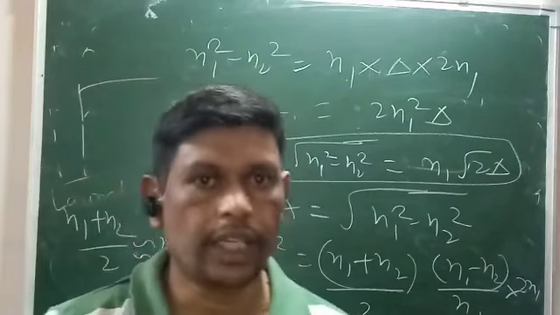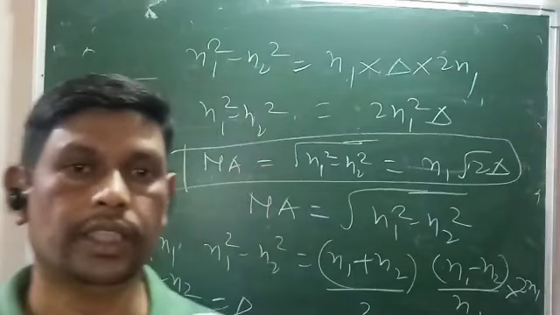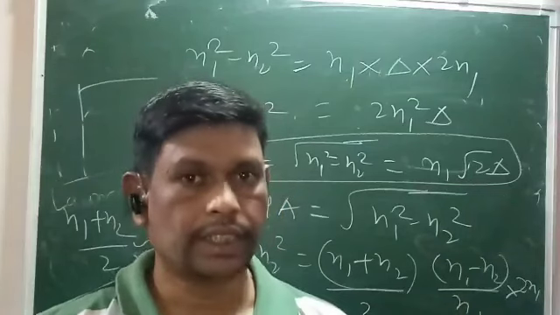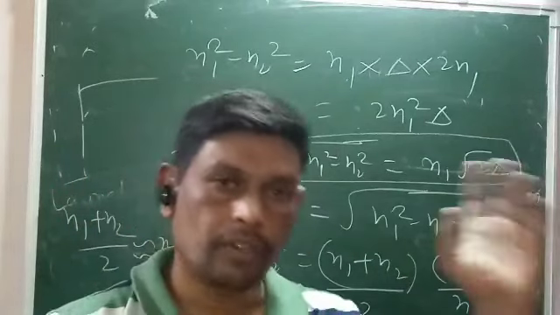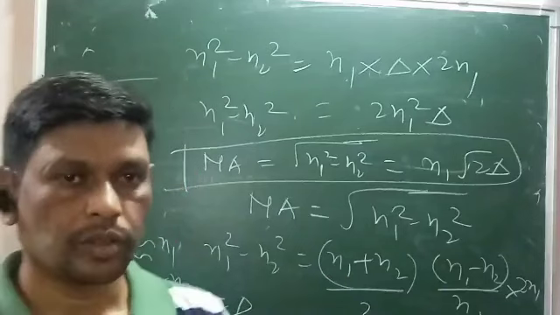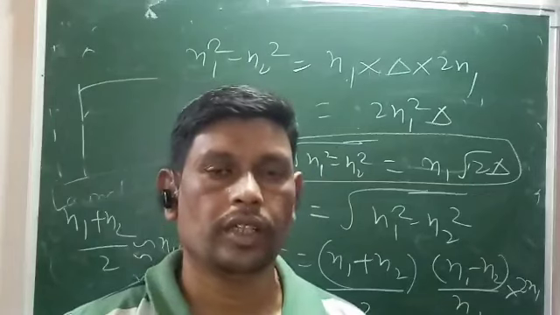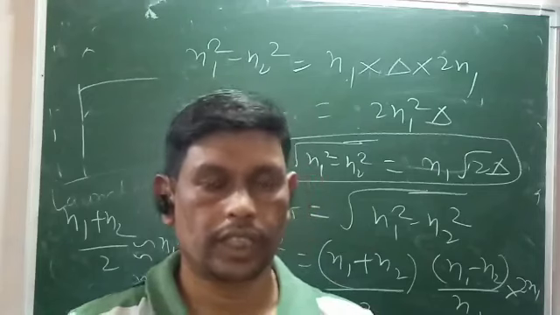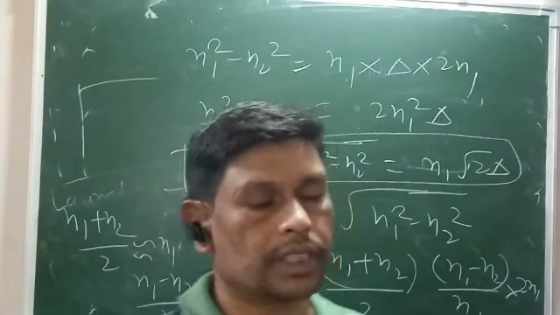And the velocity of light, as we know, is 3 lakh kilometers per second. So the light guiding medium is glass, silica, and the information in the form of light can be transmitted from one place to another place. So this is a very fast, non-destructive, non-degradable method for transmission of information from one place to another place.